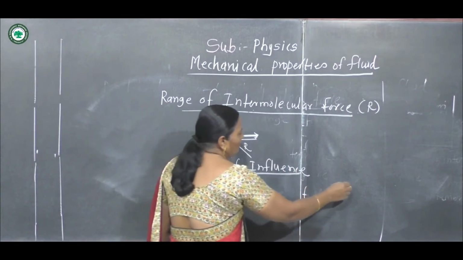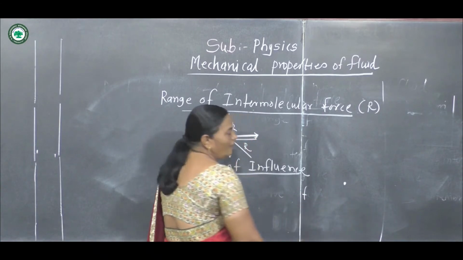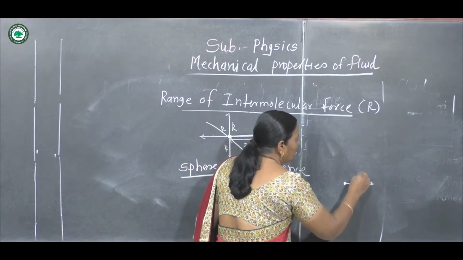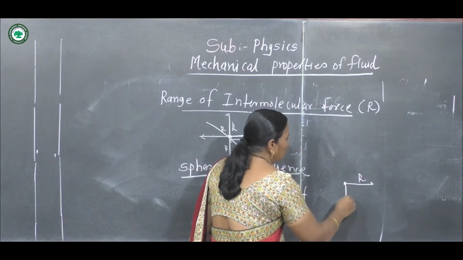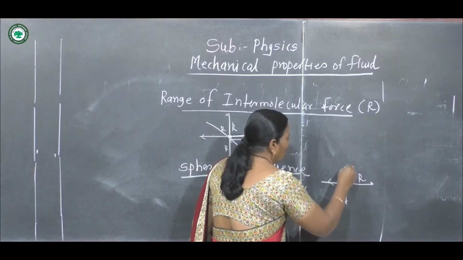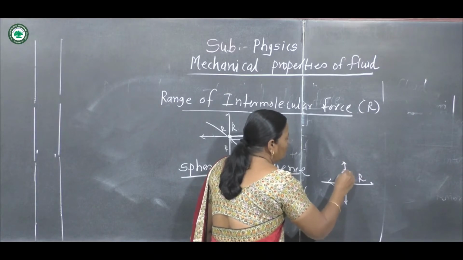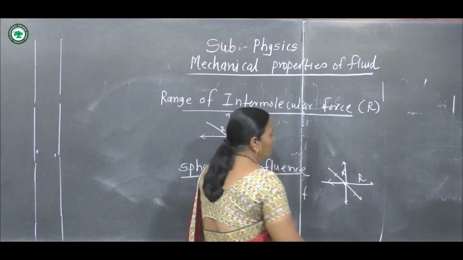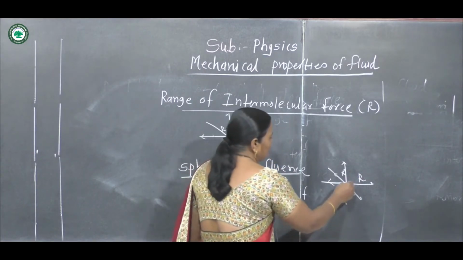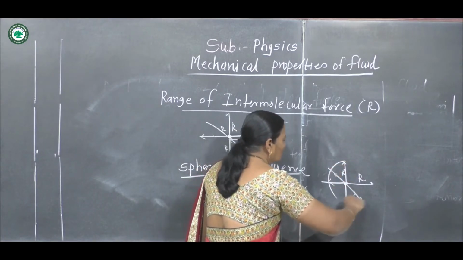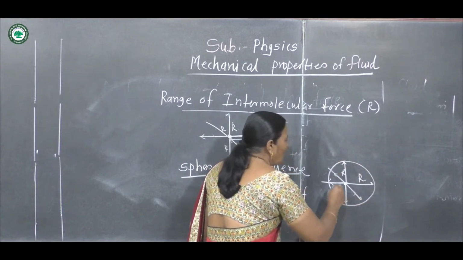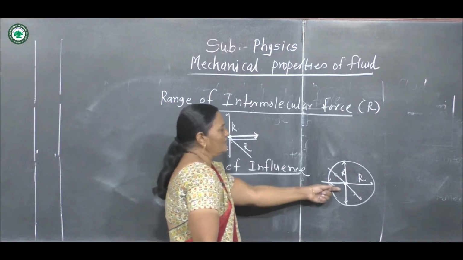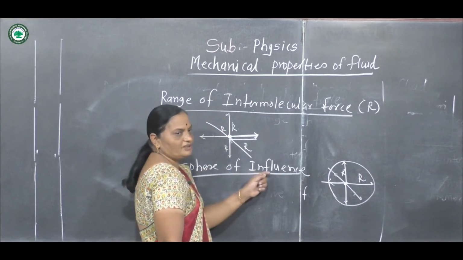In this case, suppose this is the molecule at the center. R is the radius, or R is the range of intermolecular forces. Now suppose we consider the molecule at the center, and if we draw a sphere considering R as the range of intermolecular forces, it is called the sphere of influence.